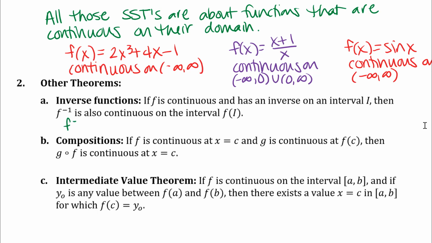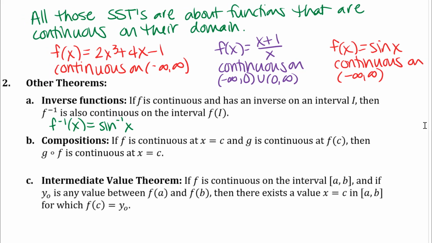So if I think about the inverse trig function, sine inverse of x, and connect that to the sine function that I just talked about continuity of. The sine function is continuous on negative infinity to infinity, but its inverse is only defined on a specific interval. We have to restrict the sine function to the interval negative pi over 2 to pi over 2, where it's 1 to 1, to define the inverse function.